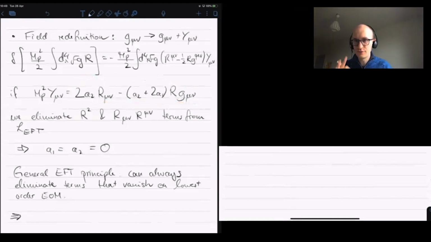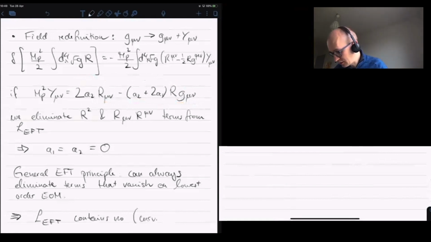This means that if you have pure gravity, then our effective Lagrangian contains no curvature squared interactions. Let me just underline this: in pure gravity.